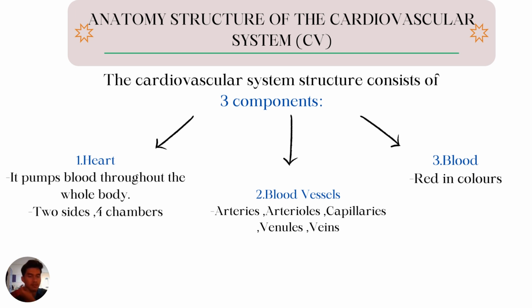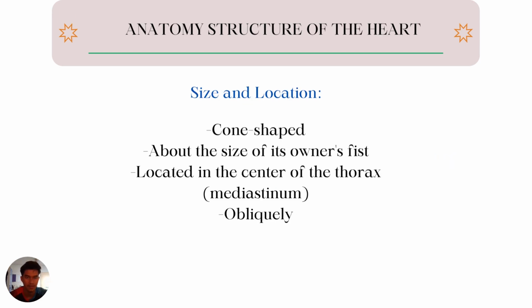First of all, we have the heart. It pumps blood throughout the whole body. It has two sides and four chambers. Second, we have blood vessels that have arteries, arterioles, capillaries, venules, and veins. And the last one, we have blood, and it's red in color.